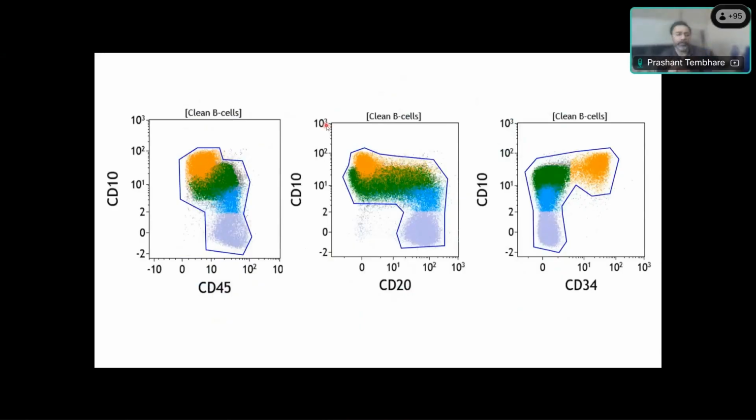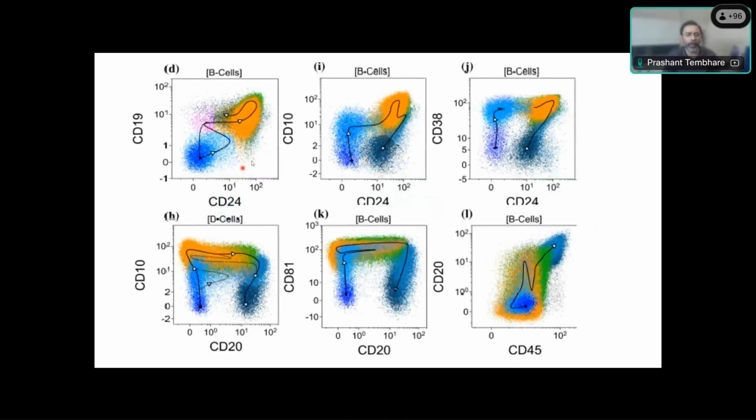Okay. Now, what is the use of this maturation pattern? Using this maturation pattern, we make the gates. So these boundaries, within these boundaries, all normal B cell precursors fall. So you take all these combinations and make boundaries around them, right? Let me show you an example.